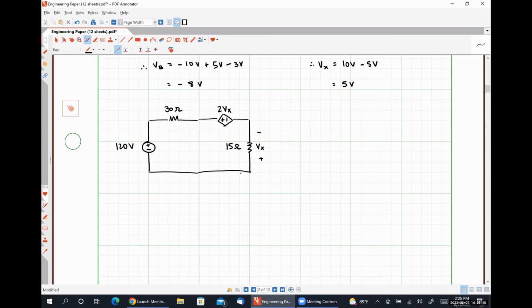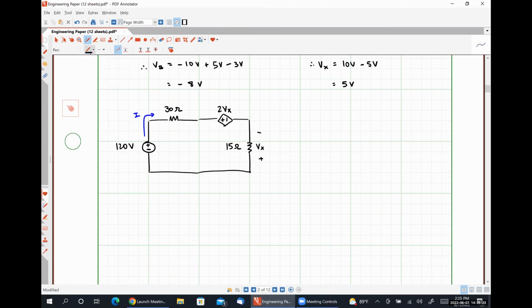So again, I'm going to choose arbitrarily to say that there is a current I that's flowing around this circuit. And I always choose I to be leaving the positive polarity terminal of the largest voltage source, okay?